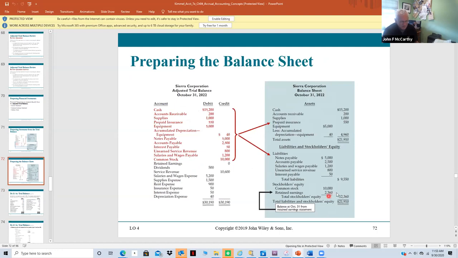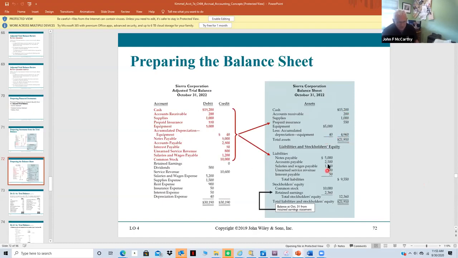Yeah, so there's the 2,360 retained earnings, and then you just have to know which ones are your balance sheet accounts and where they belong. So we've got the assets here. They didn't do a classified balance sheet, but they separated current assets and non-current assets. Then they took equipment less the accumulated depreciation. Remember that? The 5,000 minus the 40, 4,960.